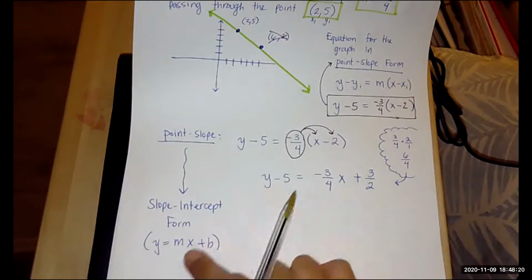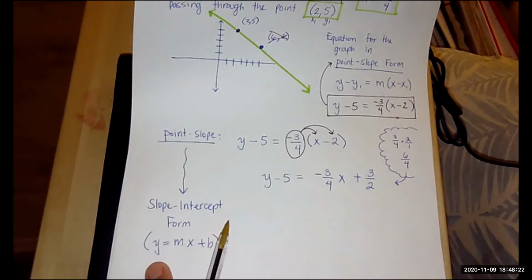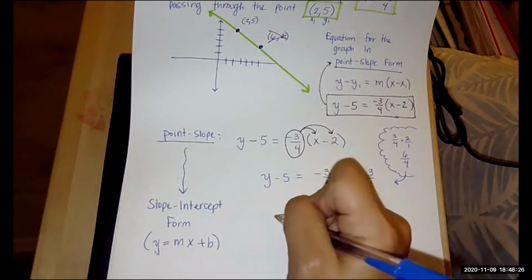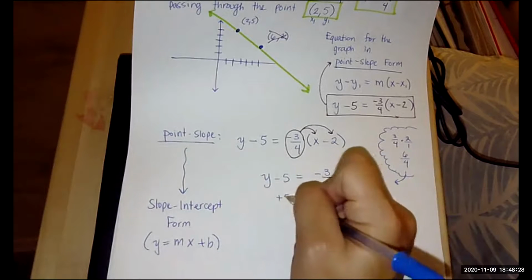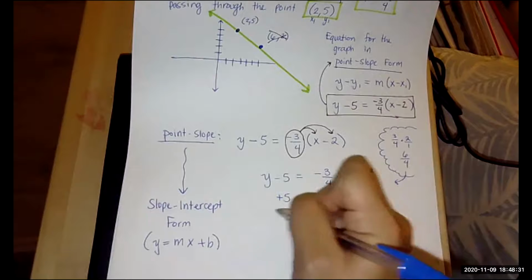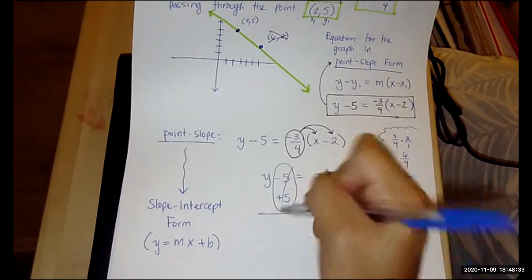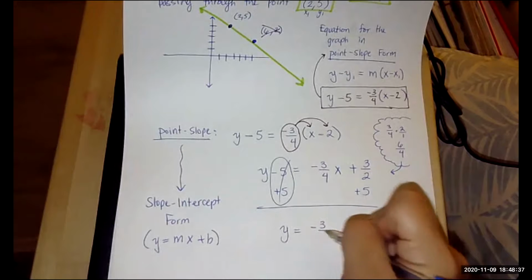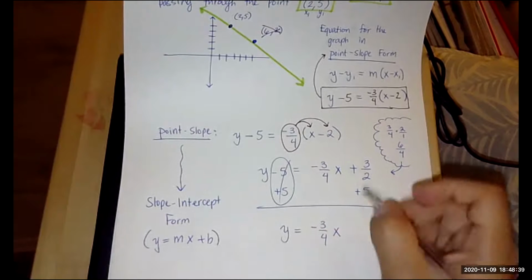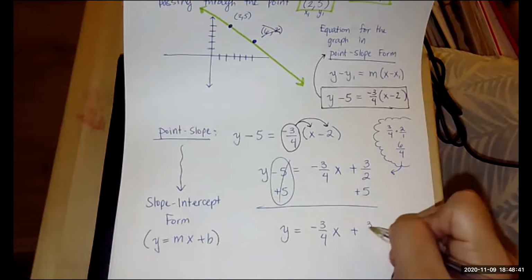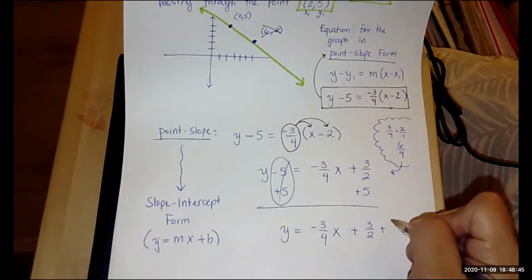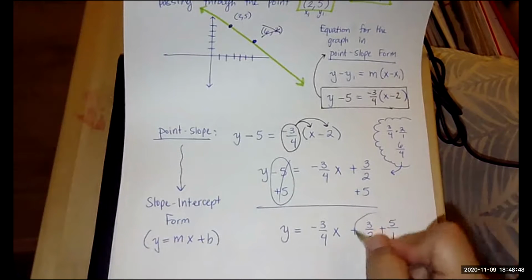And then if we want to get this in slope-intercept form, again, I said we need to get the y by itself. So what we can do is just add the 5 over to the other side. So we can add 5 to both sides of this equation so that these cancel out. And we have y is equal to negative 3/4 x. And then we have to figure out what 3 halves plus 5/1 is, right?